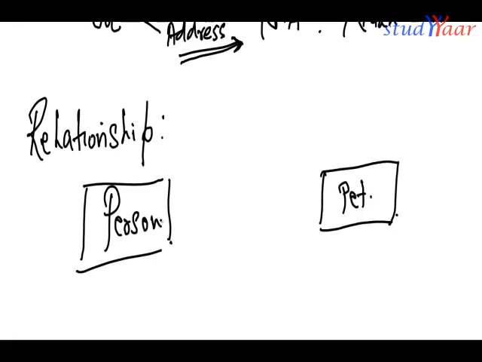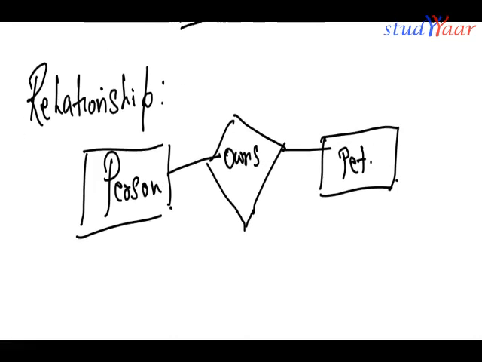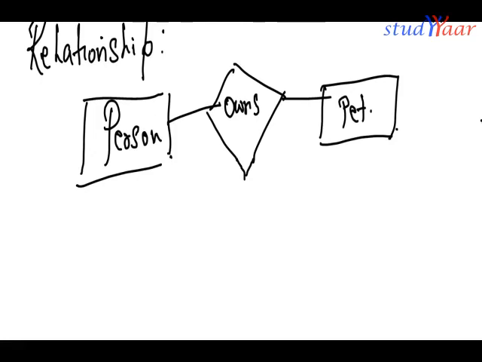The relationship between the person and the pet is that a person owns a pet, right? By owning a pet, this person is interacting with a particular pet. So these types of interactions we abstract into relationships.